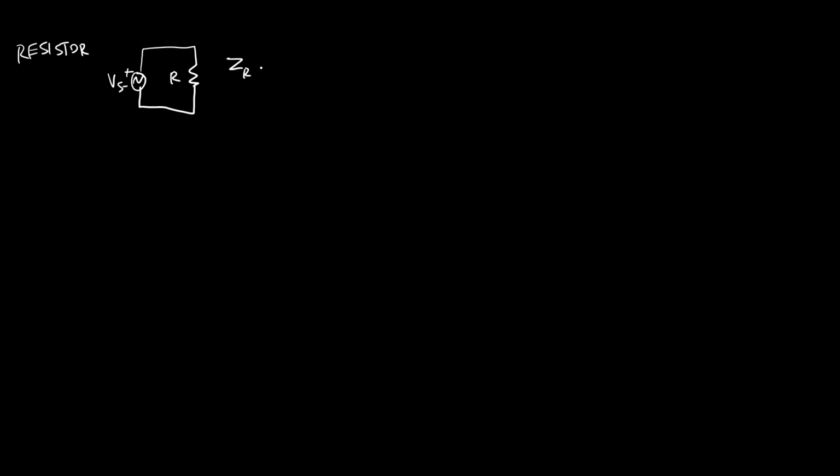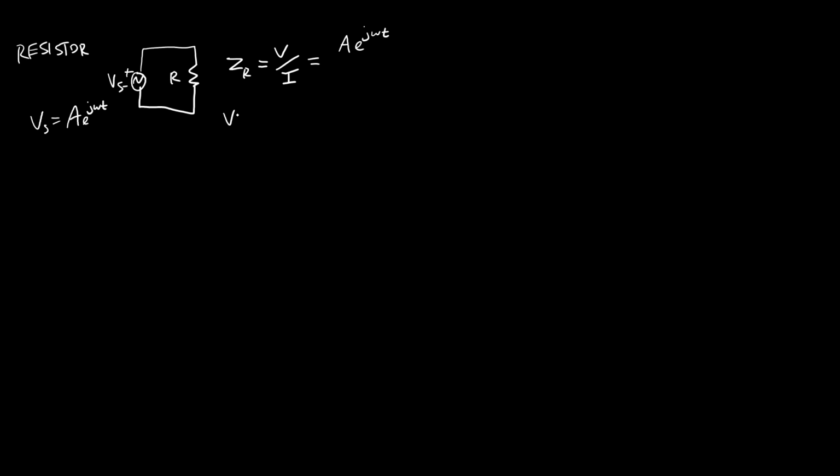What is Z_R? And we have defined impedance as equal to the ratio of voltage to current. And we know that our voltage source, as we wrote down on the previous page, Vs is equal to A e to the j omega t. So we have A e to the j omega t.